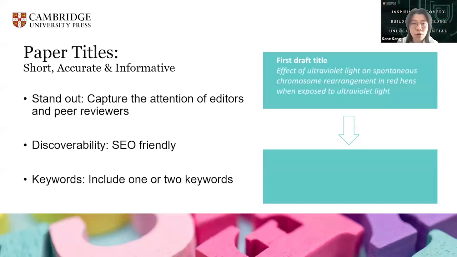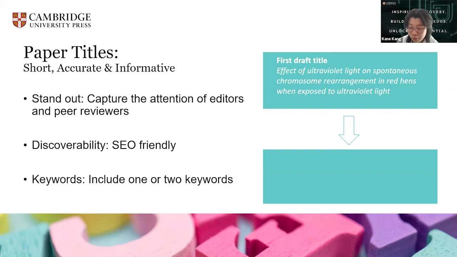Here is a draft title. This is quite a normal one. We usually do this: effect of ultraviolet light on spontaneous chromosome rearrangement in rat hens when exposed to ultraviolet light. I think many of us would use this many times, like effect of something in something, and when this happens.